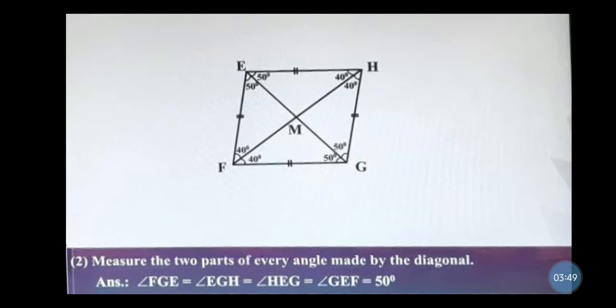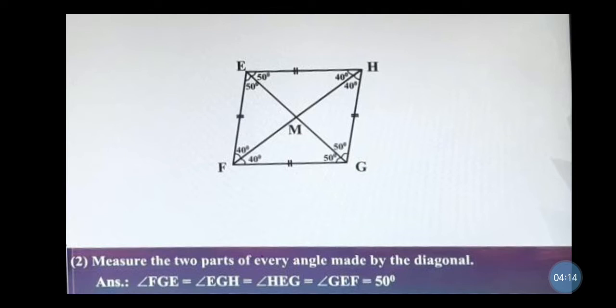Next, the same question, the next part, angle FGE is equal to angle EGH is equal to angle HEG is equal to angle GEF is equal to 50 degrees. That means, dear children, see, when we measured angle EFG, that was 80 degrees.